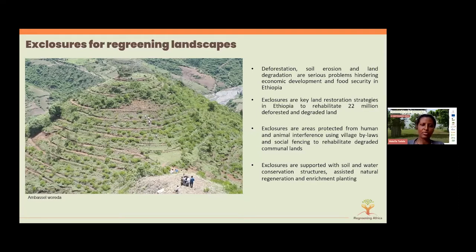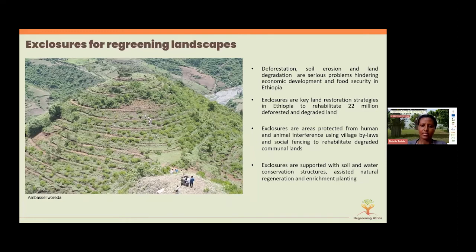To give you some background information, land degradation is a serious problem in Ethiopia. More than 80% of the land is degraded to some degree. So to restore this degraded land, the country has designed various strategies, policies, and programs since the 1980s.